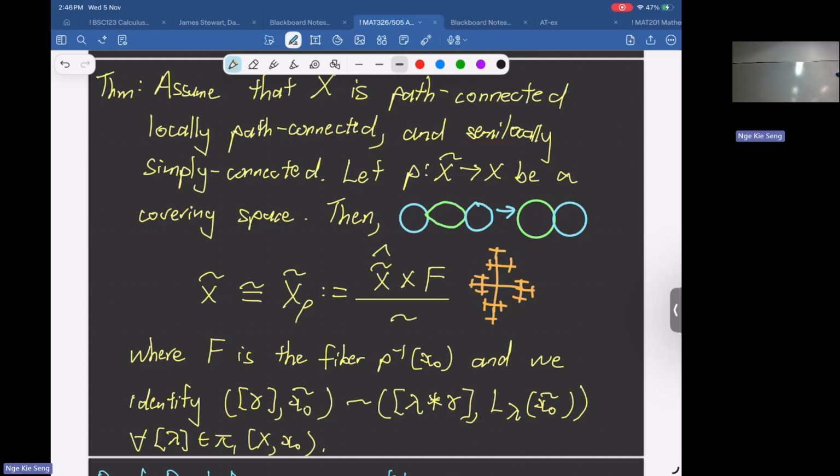What you need to identify here is, for any loop, you concatenate with your gamma, and then you take this loop, add on your s naught here, and then you identify all of them.